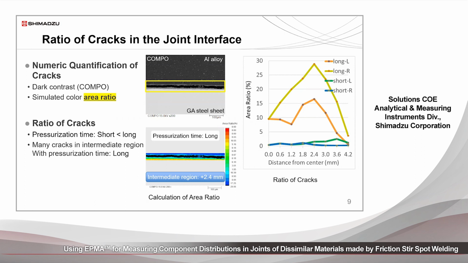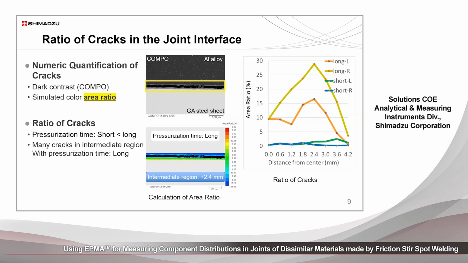What you can see in the compo image, this is for the long pressurization time, we drew a yellow box. And that dark region is the crack itself. On the right is a graph of the distance from the center and the area ratio within that given yellow box.